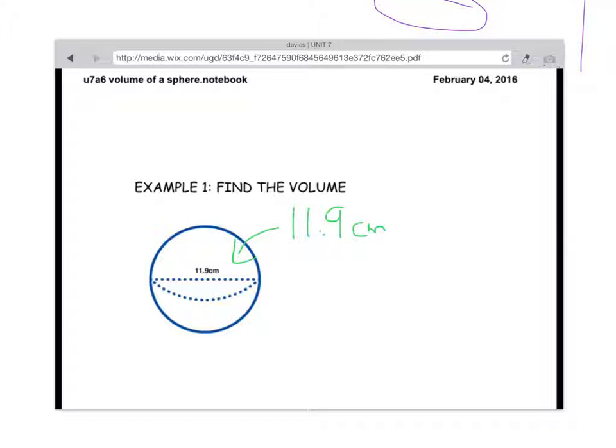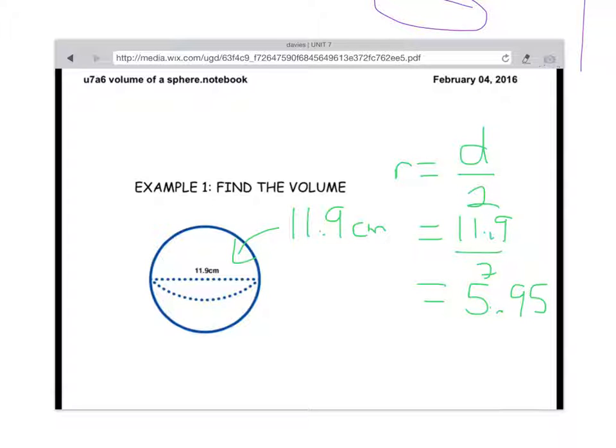So the first thing we need to do is find r, and r is going to be the diameter divided by 2. If the diameter is 11.9 divided by 2, that's almost the same as 12 divided by 2, so we're going to estimate that that would be approximately 6. And so when we work that out and we get 5.95, then that answer should make sense.